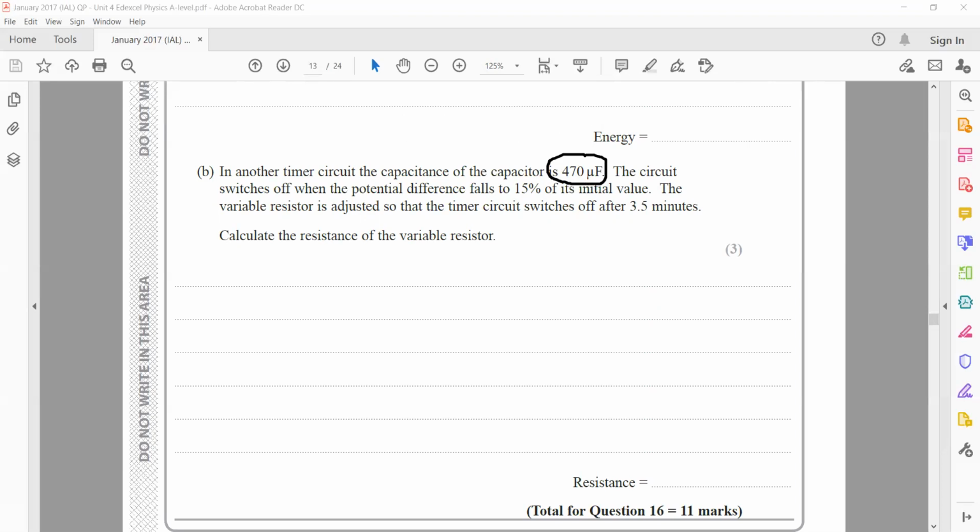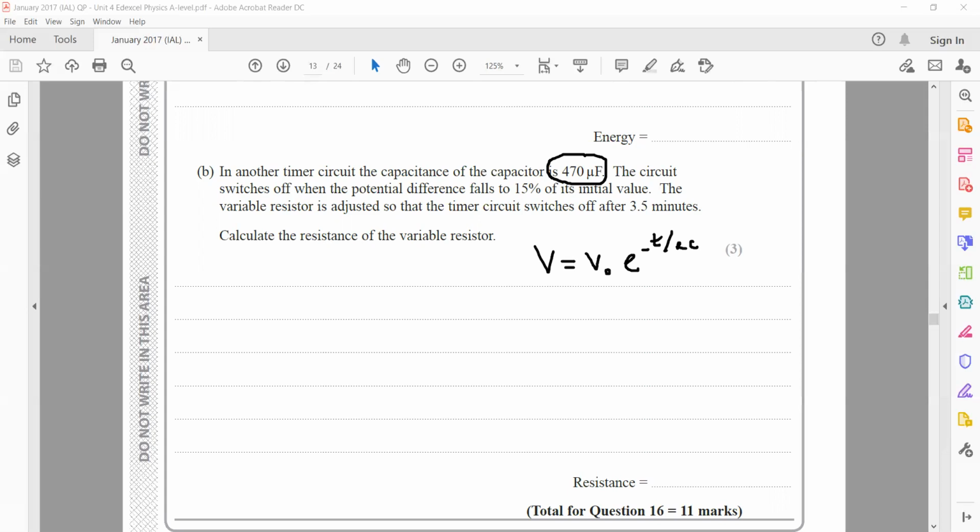So how can we find the resistance of the variable resistor? So we have this formula V is equal to V naught e raised to power minus T over RC. Because the voltage is given, that's why we are using this formula.